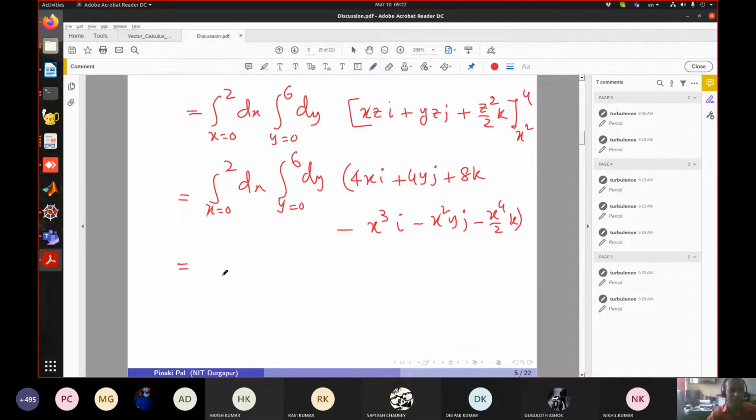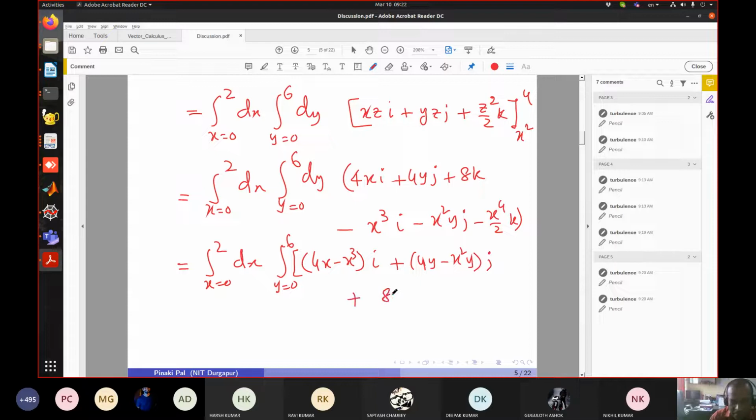So can you tell me the answer? So let me just write 0 to 2 dx and y is equal to 0 to 6, and we have 4x minus x cube i plus 4y minus x square y j plus 8 minus x to the power 4 by 2 k dy.